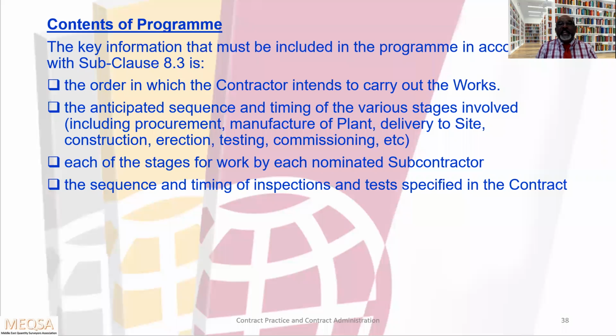The anticipated sequence and timing of the various stages involved, including procurement, manufacture of plant, delivery to site, construction, erection, testing, commissioning. Each of the stages for work by each nominated subcontractor. The sequence and timing of inspection and tests specified in the contract. So these are the content of the program.